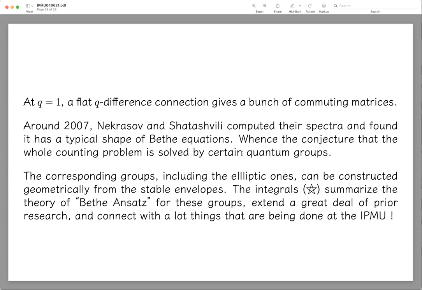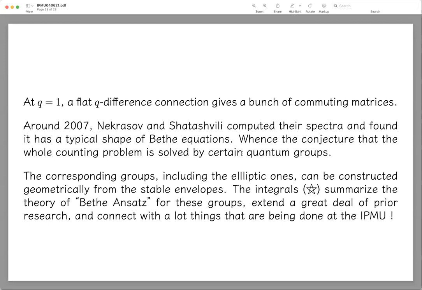and so hence they conjectured that this whole theory should be solvable in the language of certain quantum groups. And this actual integral that I've displayed is in some sense the culmination of all that theory of quantum groups. First of all, you need to construct certain quantum groups geometrically via some procedure, first constructing the braiding and so forth.